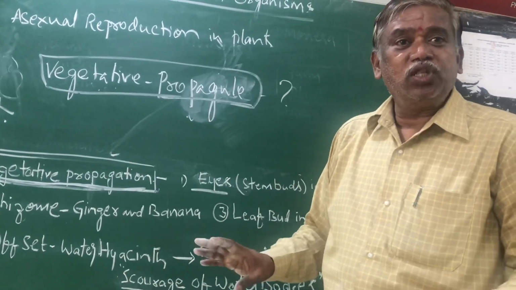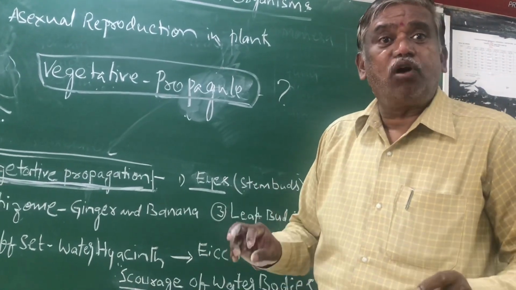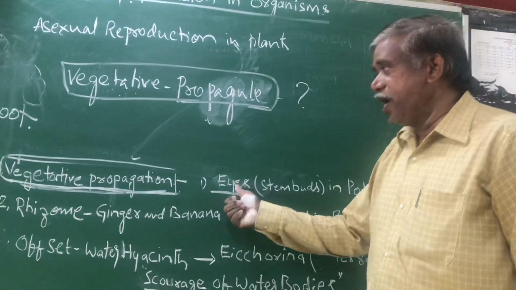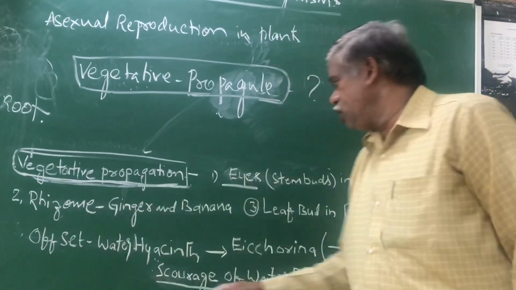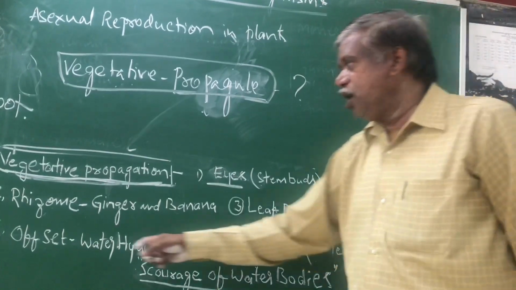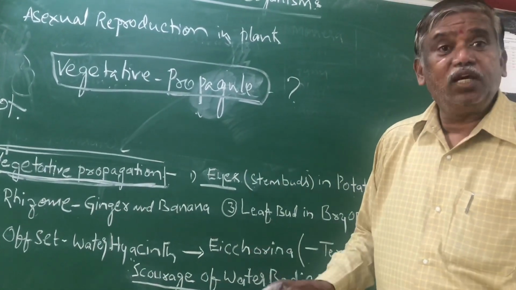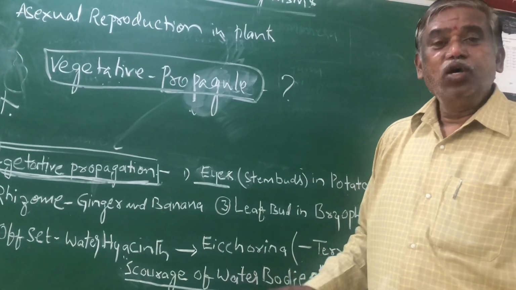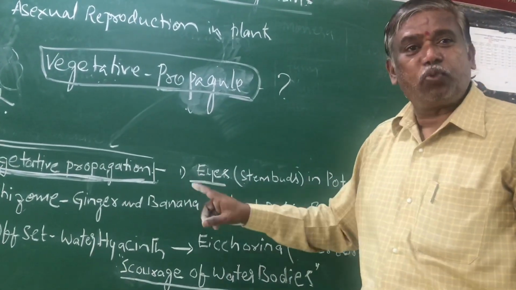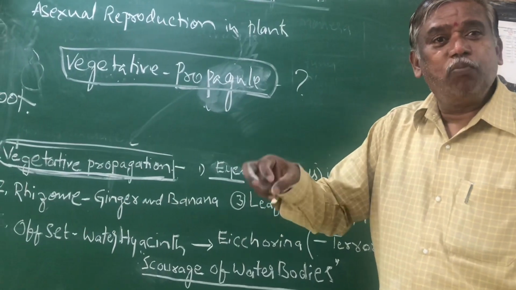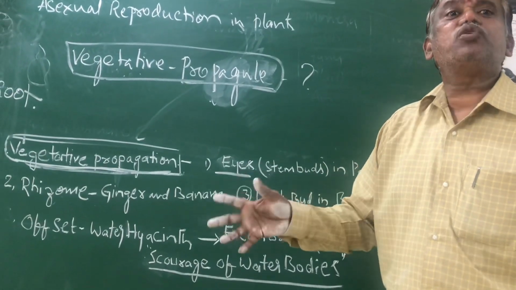So here I have given the four types of vegetative propagules: eyes, rhizome, leaf buds, and offset. These are all vegetative propagules in various plants, and they play an important role in vegetative reproduction.